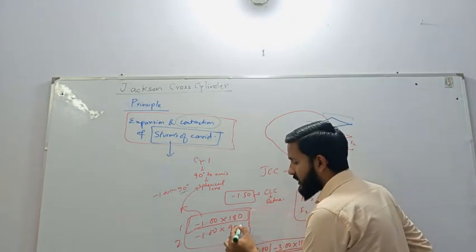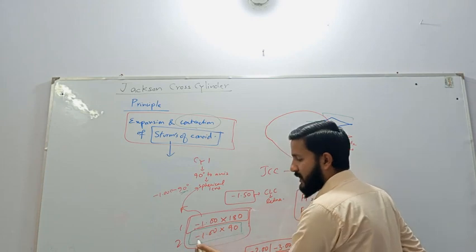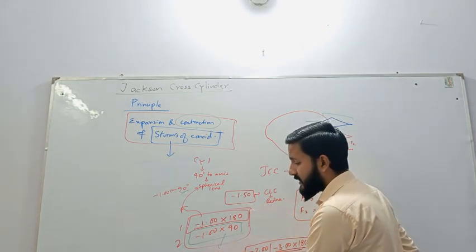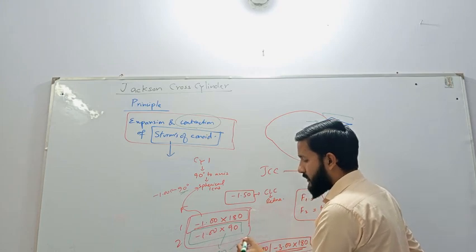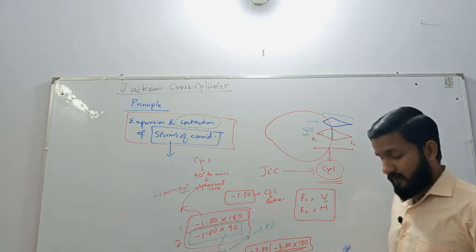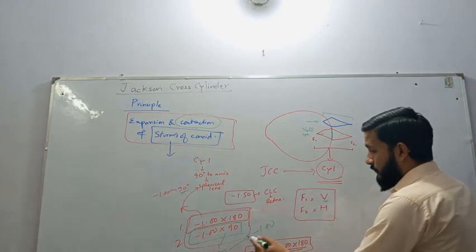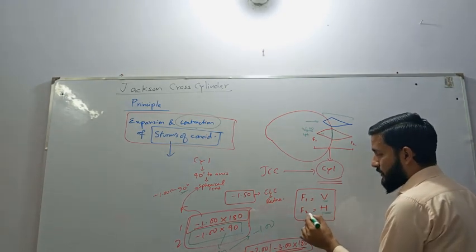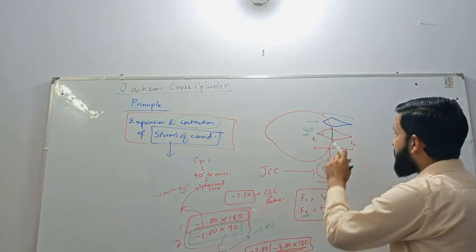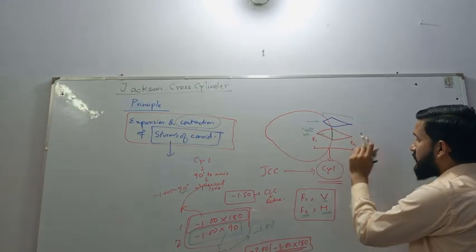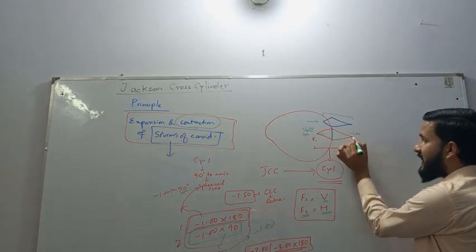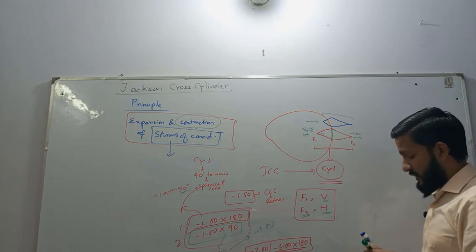But on position number 2, minus 1 cylinder at 90, it will act on 180 degree, and at 180 degree meridian it will give the power of minus 1 spherical. Horizontal meridian was F2. F2 was the focal point of horizontal meridian. It means that in this situation, minus 1 will act here, and when it will act here, it will drag it further in this direction.